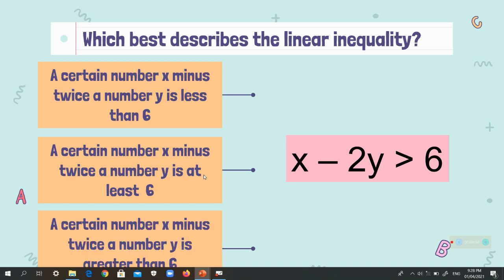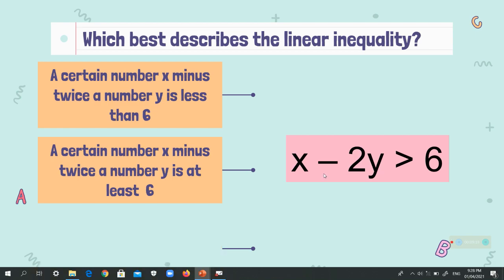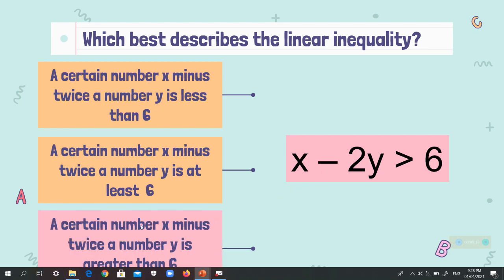And the next is, a certain number x minus twice a number y is greater than 6. Which of these three is the best answer for the given inequality? Correct, the last one: a certain number x minus twice a number y is greater than 6.